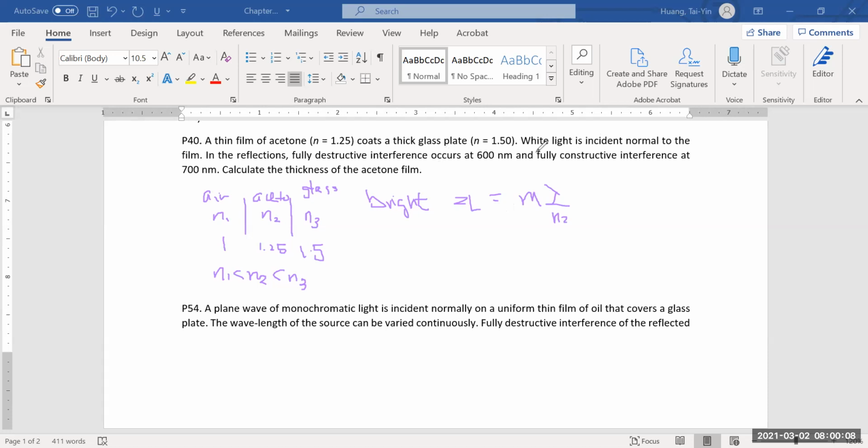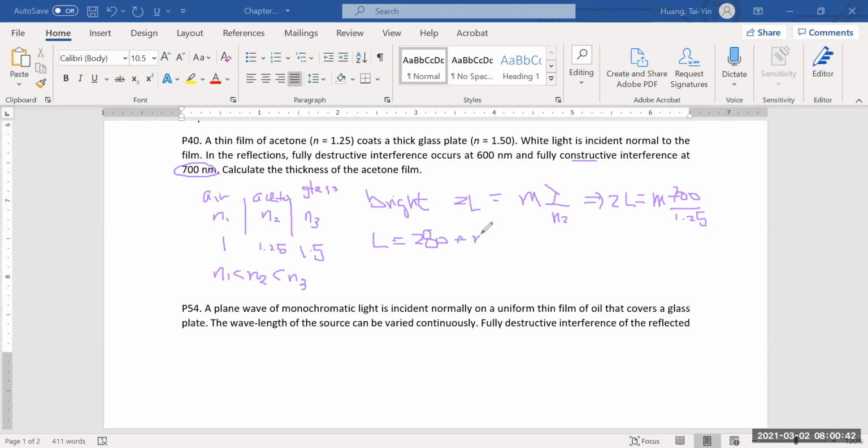For the bright fringe, it says that constructive interference occurs at 700 nanometers. So we can say 2L equals M times 700 nanometers over N2, which is 1.25. And from there, we can see that L from the bright fringe is equal to 280 times M.